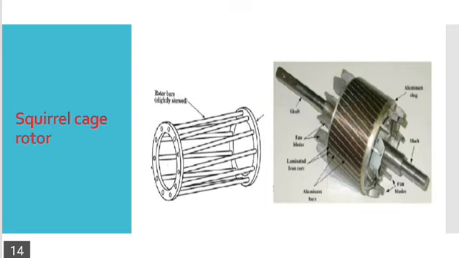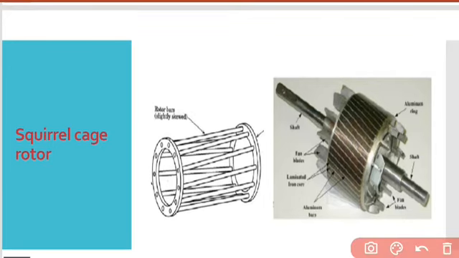You can see in that picture, the squirrel cage rotor consists of copper bars. So these are the copper bars which I am talking about. They are slightly longer than the rotor.